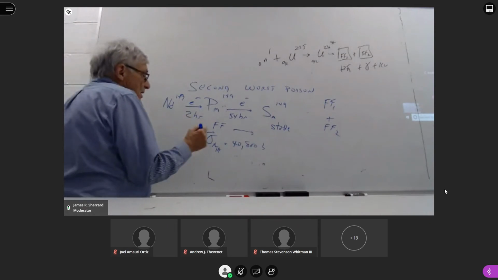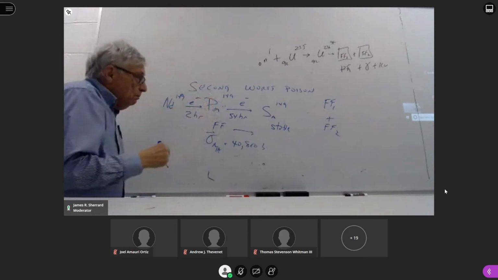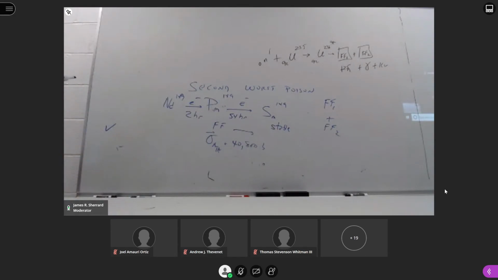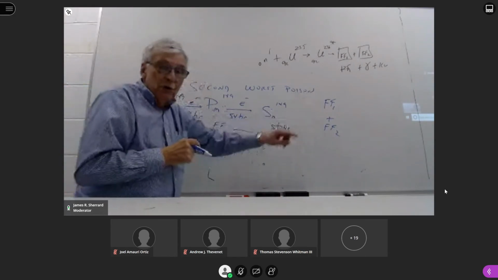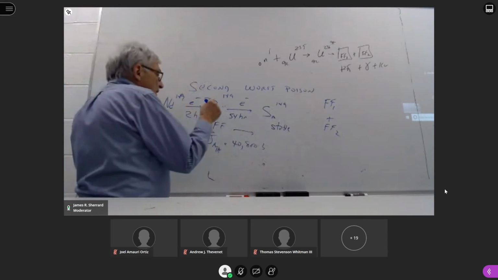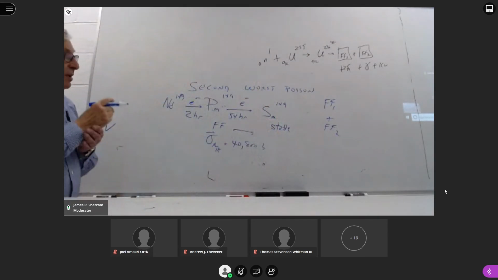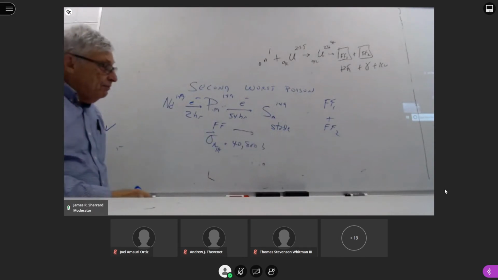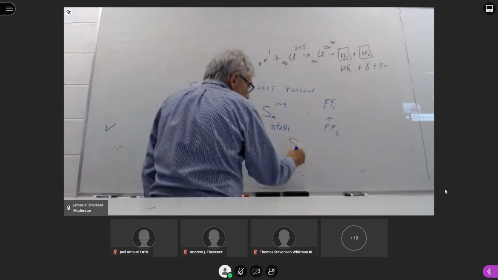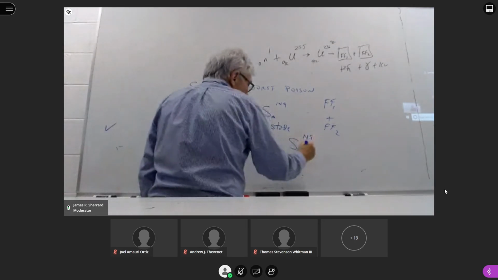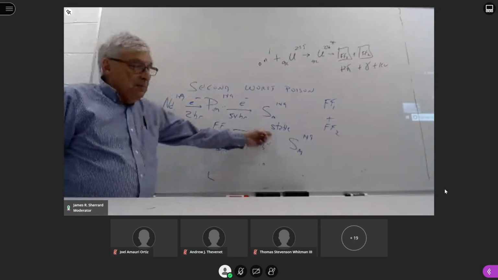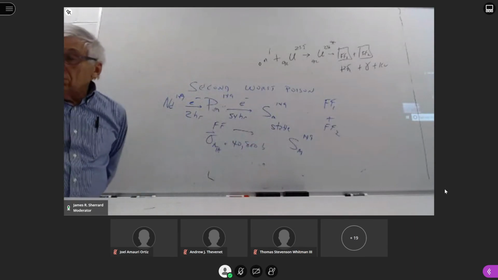So when you create the promethium as a fission fragment during thermal fissioning, it will naturally decay in one step down to samarium. Over time, what happens to your samarium if it's stable?